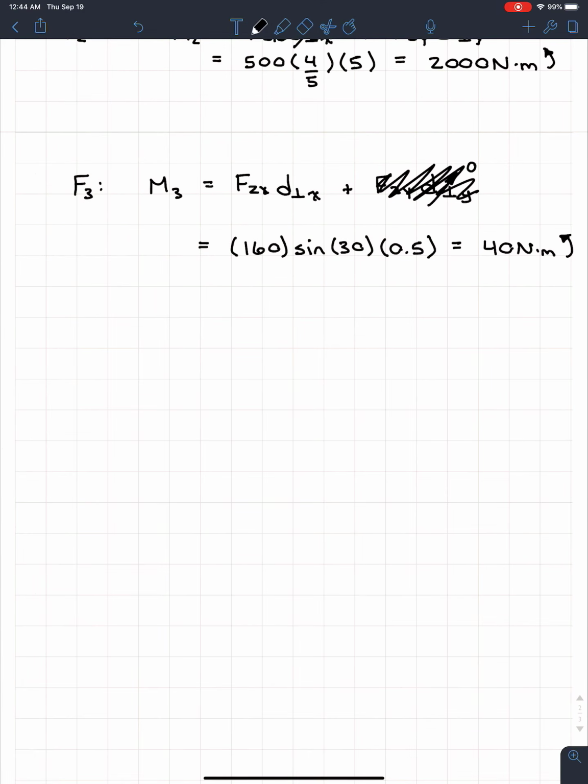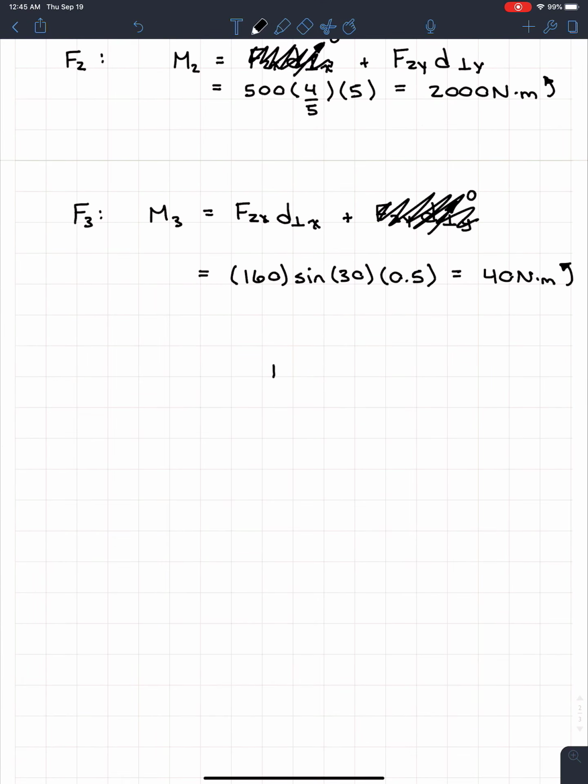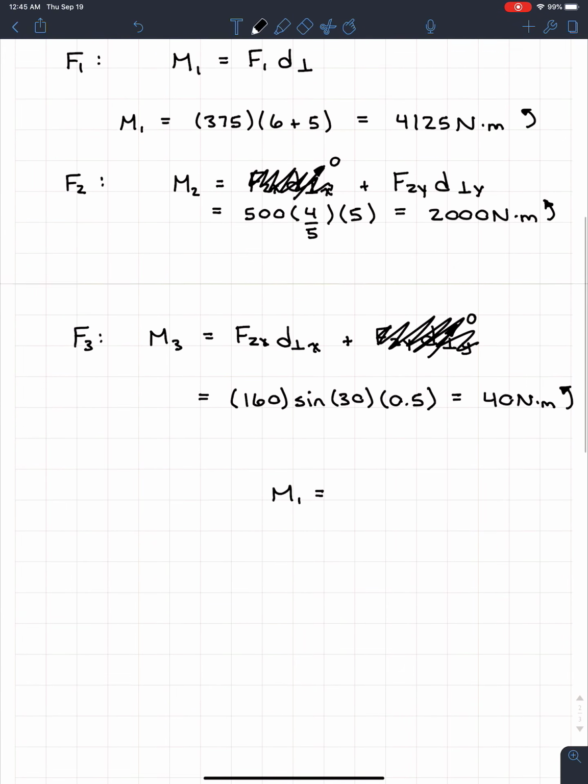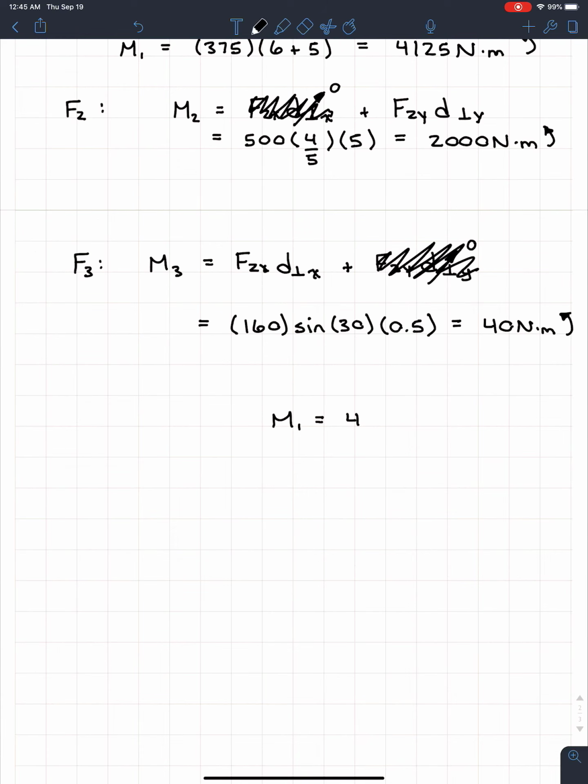And I'm just going to state my final answers because that's one thing that's very important. So I'm just going to go M1 is equal to 4,125 Newton meters. So Newton times meters, that's going counterclockwise. We know that M2 is equal to 2,000 Newton meters.